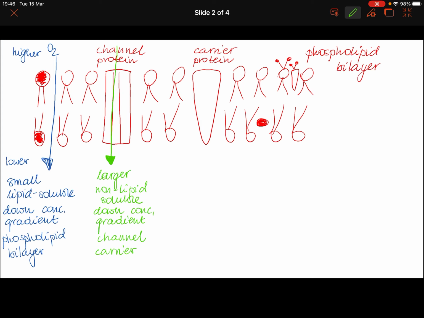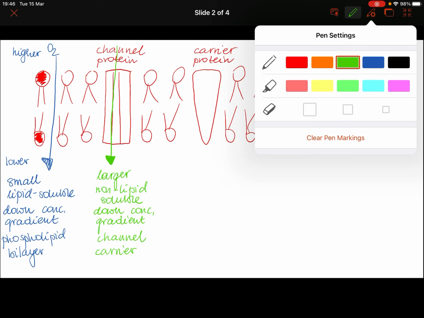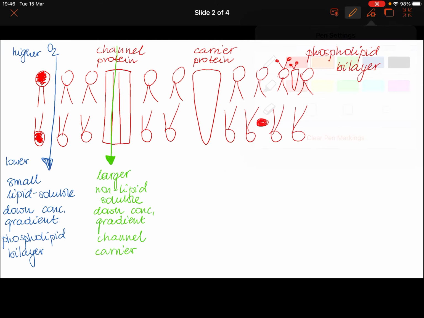Another type of transport that you should be aware of is active transport. Active transport is the movement of ions or charged molecules against the concentration gradient.